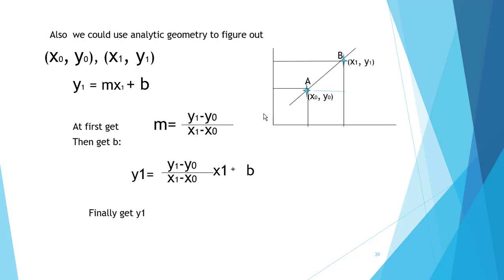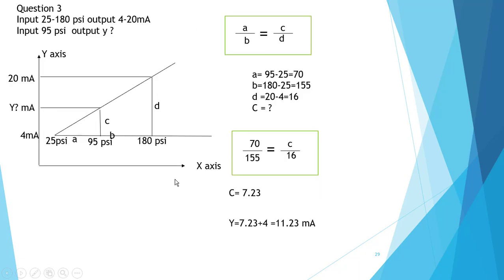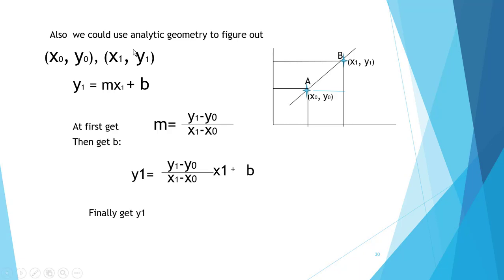Before, we used this geometric calculation, but we can also use analytic geometry to figure it out. For example, here are x0, y0 and x1, y1. We can use y1 equals m x1 plus b.